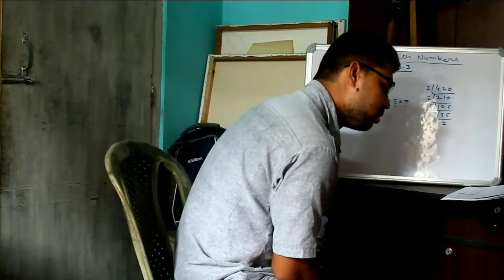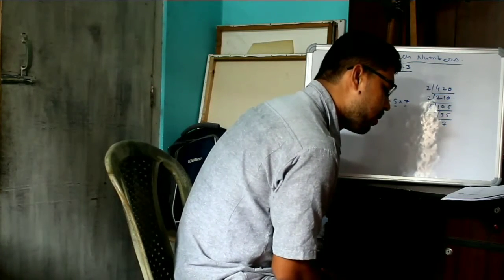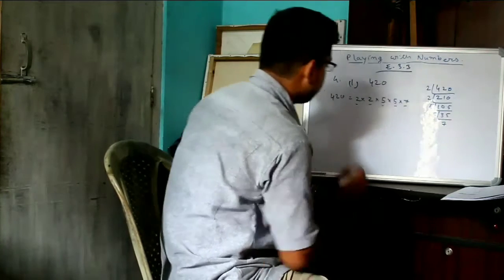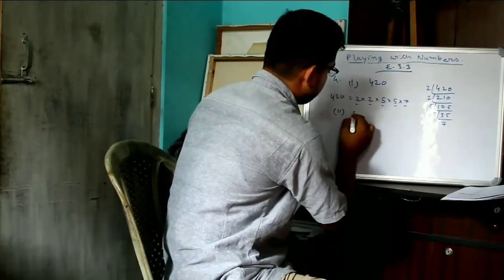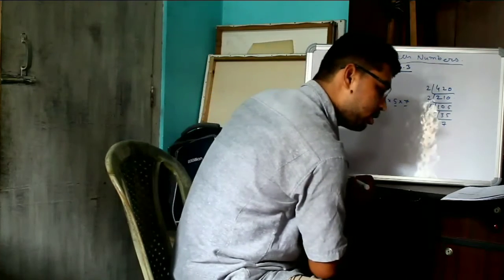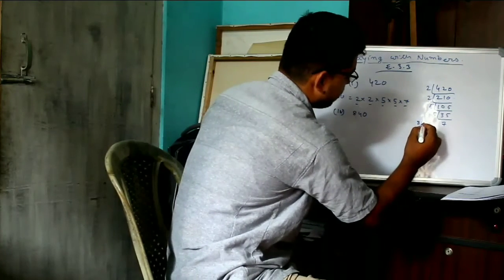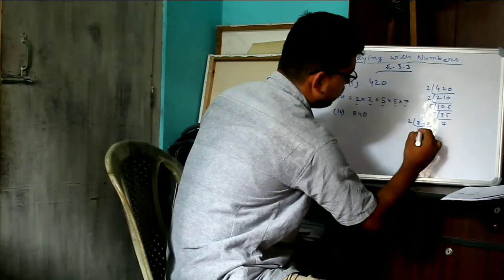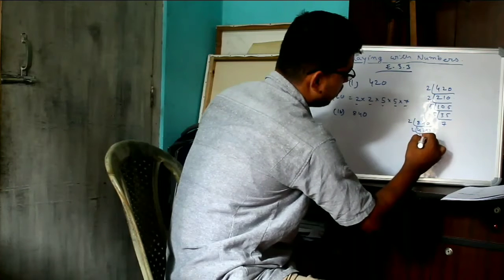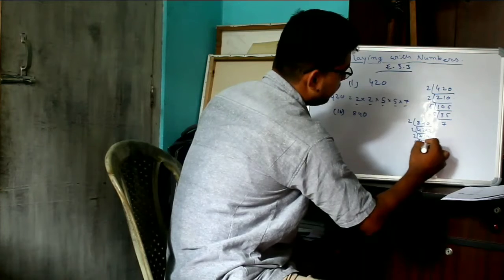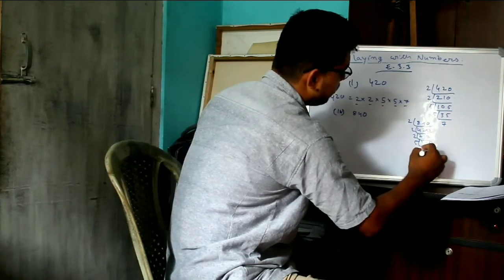Next, another number, 840. 840 divided by 2 is 420, then 2, 210, then 2, 105, then 3, 35, then 5, 7.